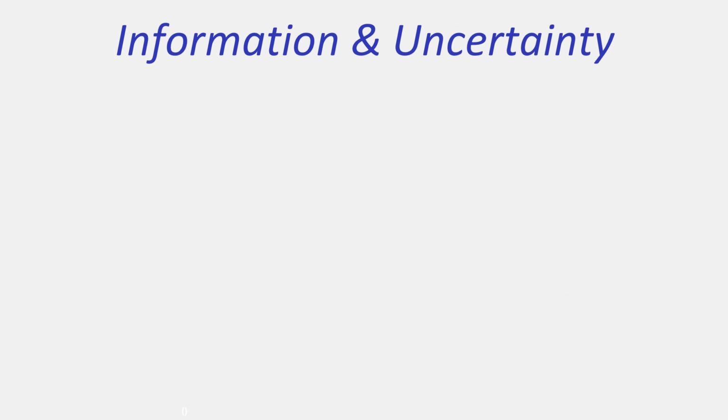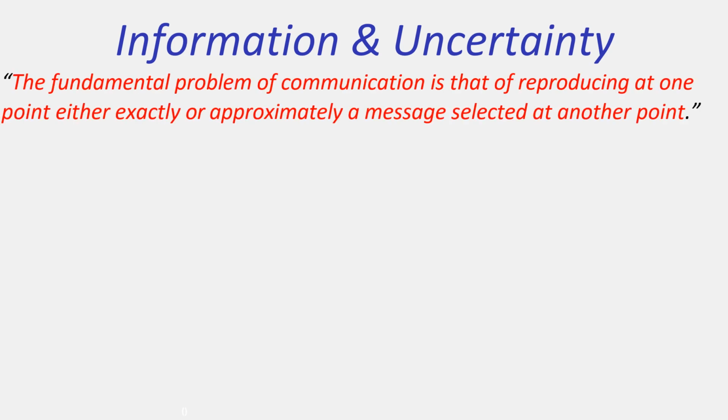So one of the discoveries in Shannon's work is the connection between information content and what one may loosely describe as uncertainty. What do I mean by that? Quote from Shannon's paper: the fundamental problem of communication is that of reproducing at one point either exactly or approximately a message selected at another point.